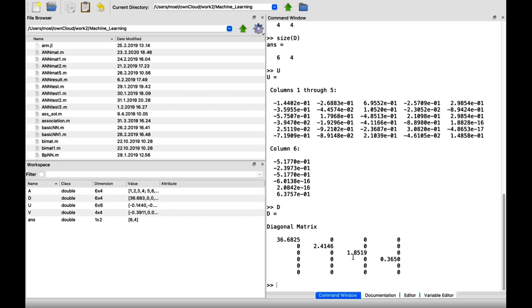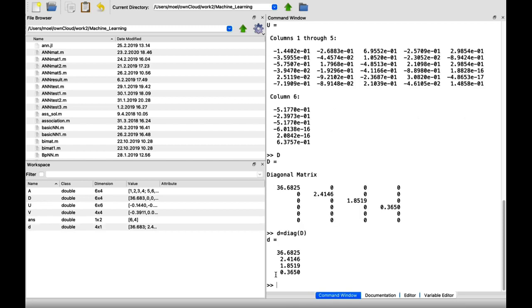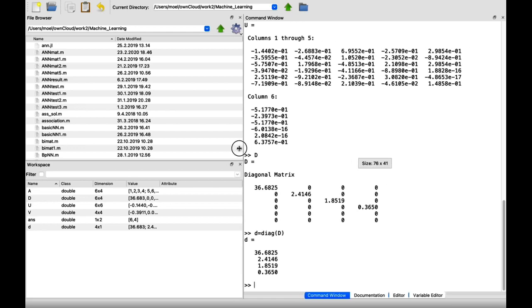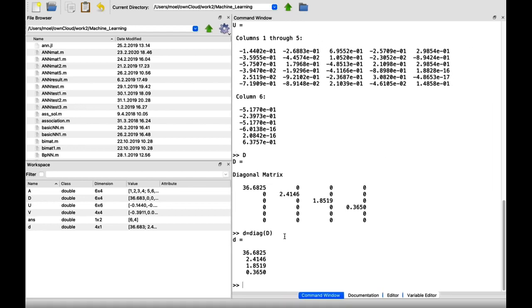Okay, we can do it in a different way. If we write just, for example, d small equal to diagonal of d, it gives you directly just one vector with the diagonal elements. Okay, if you remember from the theoretical session, we said that the singular value actually represents the information of the eigenvector.